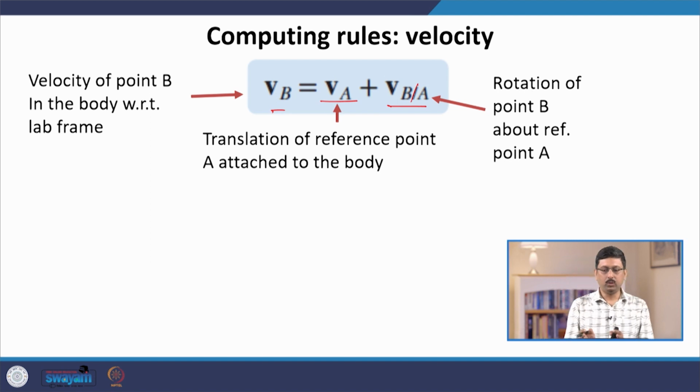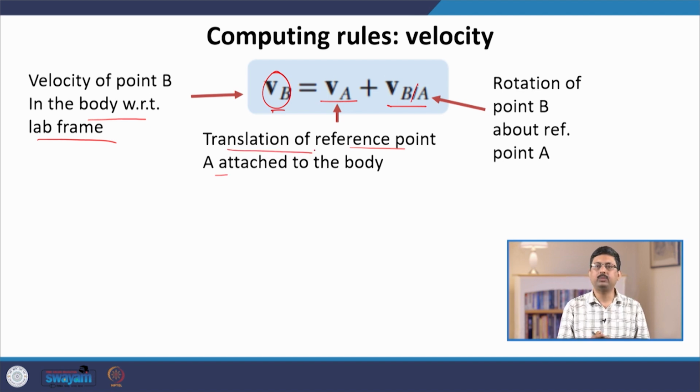So, we have two pieces. We have divided the velocity of the point B, which is the velocity with respect to the lab frame in which the motion is complicated, into two simple parts. One is the translation of the reference point A, which is supposed to be simple to understand, and then the rotation.